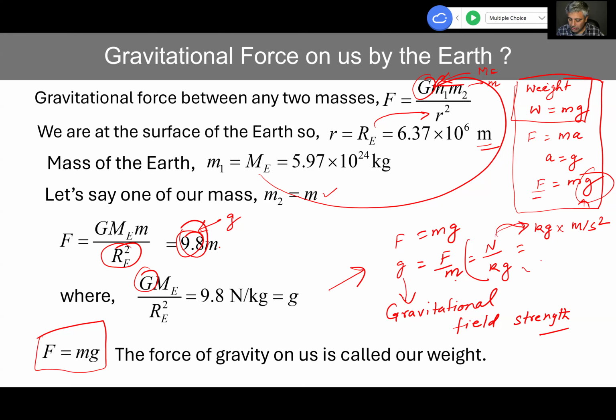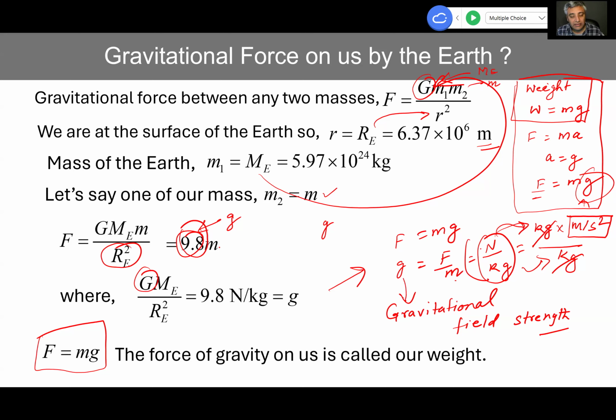That is Newton, and with kilogram down there, the kilogram cancels, giving you just meter over second squared. So they are equivalent, but depending on what concept we are trying to describe using that little g, we may write Newton per kilogram or meter over second squared. So that's about the unit of g.